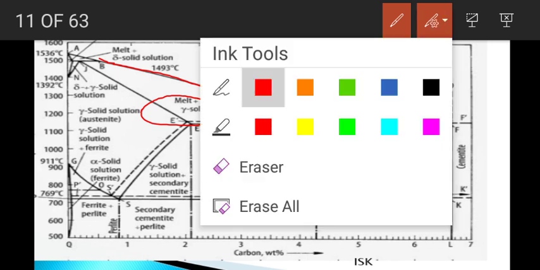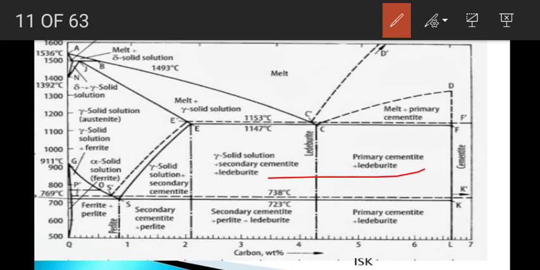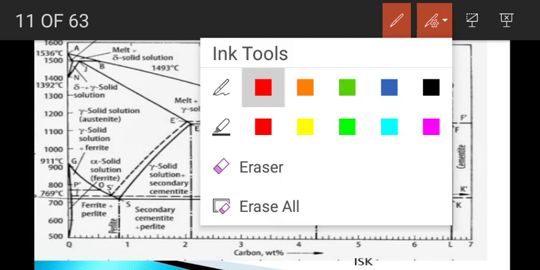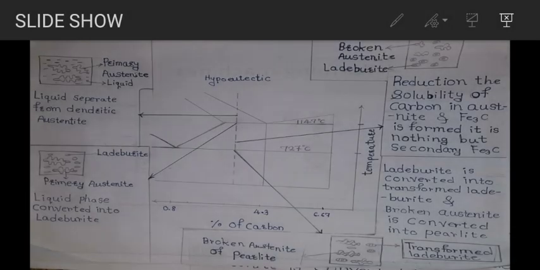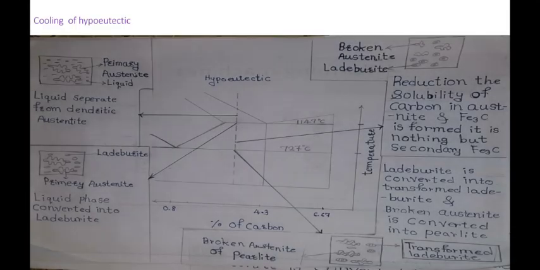Next, this is the cooling of the hypoeutectic white cast iron. First, this is the liquid region.